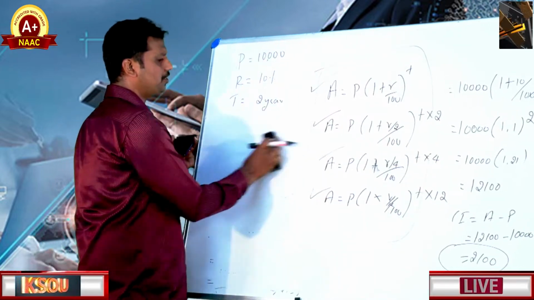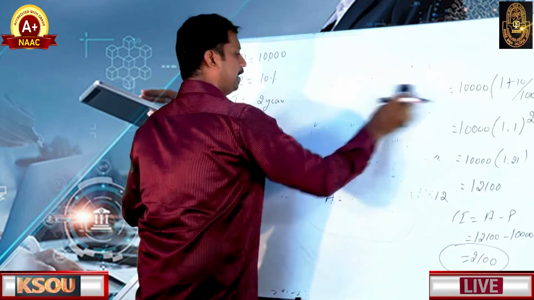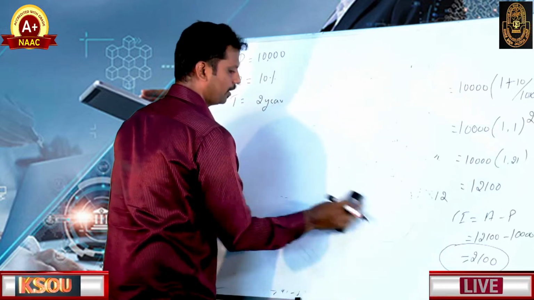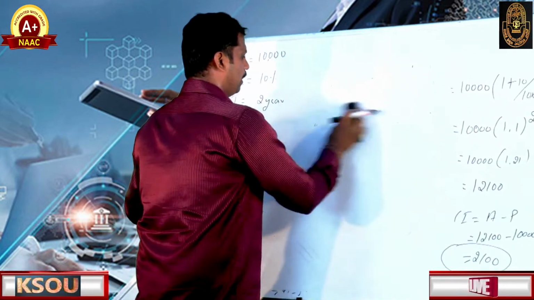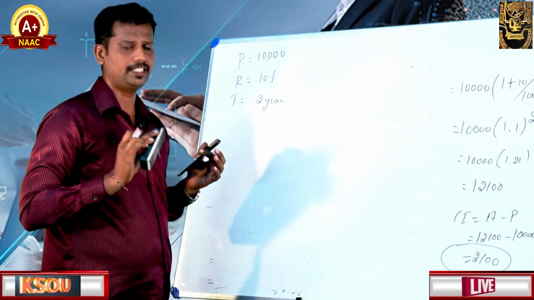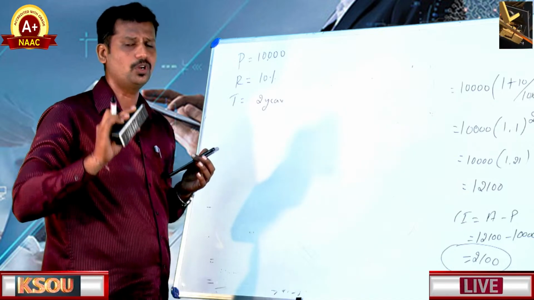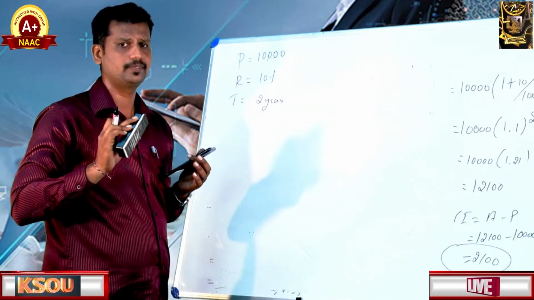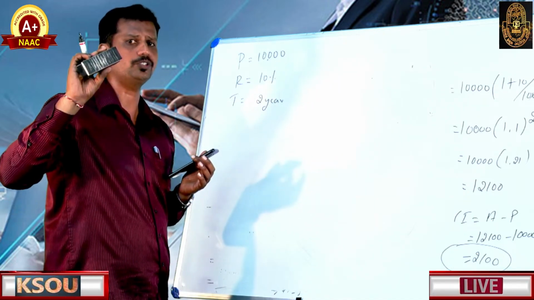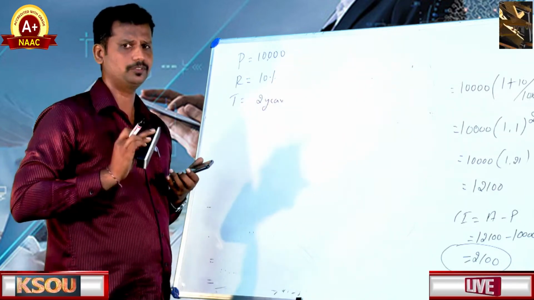When calculating simple interest, in yesterday's class, they gave the principal amount and the interest amount. The question asked what the time duration is, what the rate of interest is, and what the principal amount is.